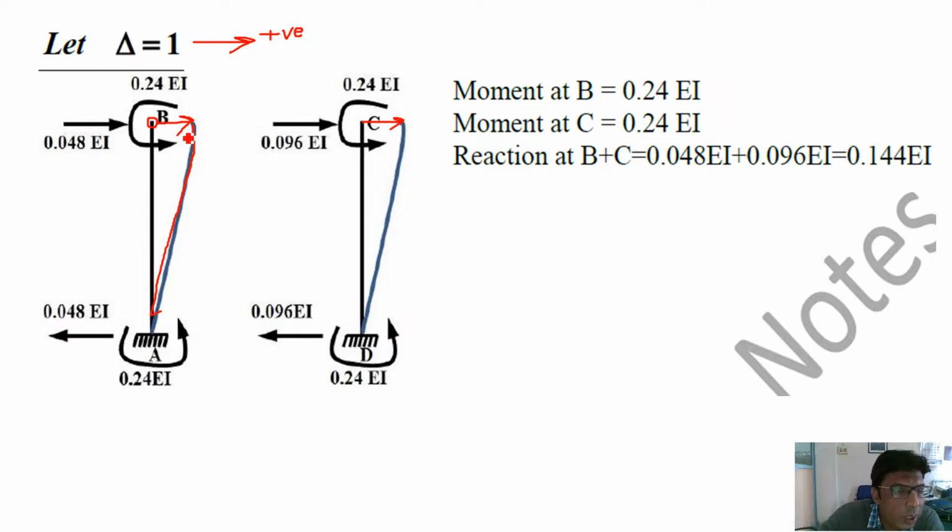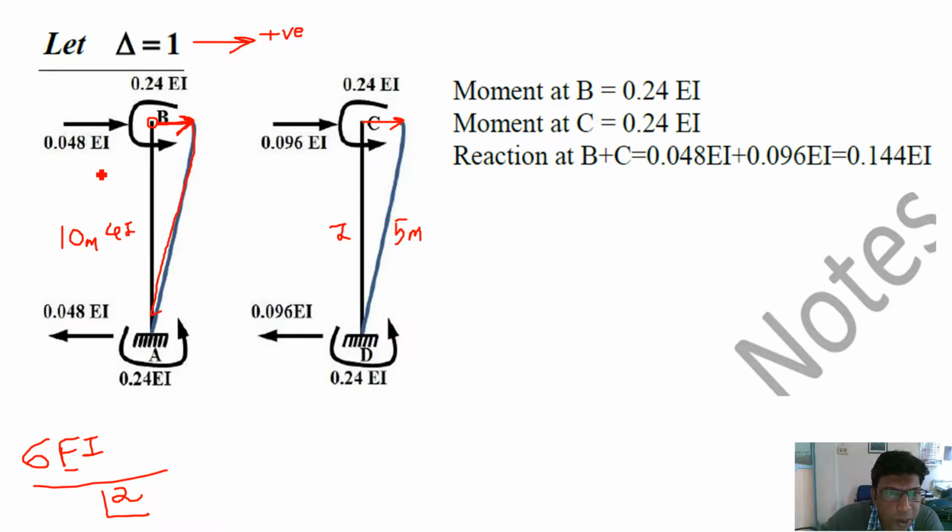Now what is the moment developed because of this perpendicular displacement? We know that it is 6EI by L square. This we have already solved in beam. 4I in the left column, only I in the right column. Span is 10 meter for the left column, 5 meter for the right column.